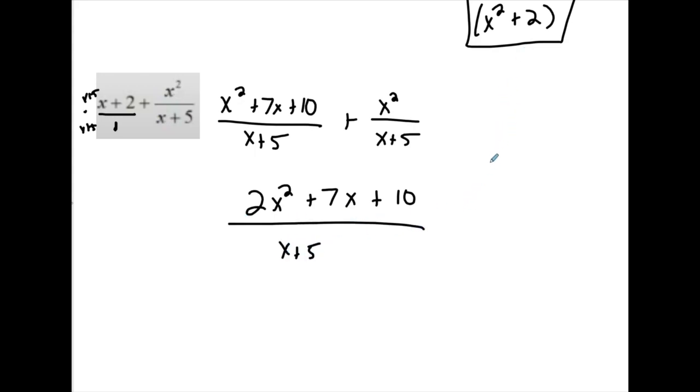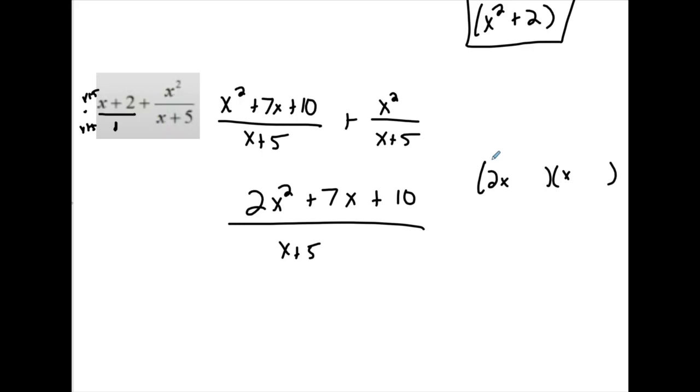Let's see if I can't clean this up at all. So 2x squared plus 7x plus 10, let's see if I can factor this. This is not going to be easy. I need to get to 10, essentially, and then adding to 7 is going to be a particular challenge, because the other issue is one number is going to get multiplied by 2. Let's see.